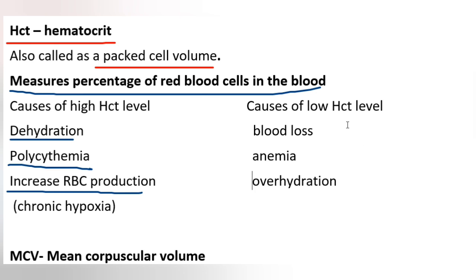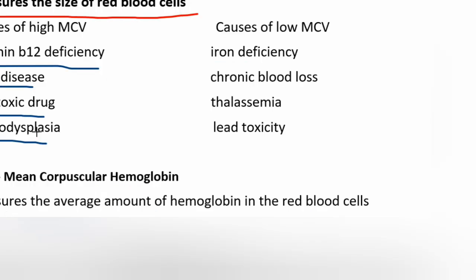Causes of low HCT level: blood loss, anemia, overhydration. Mean corpuscular volume measures the size of red blood cells.